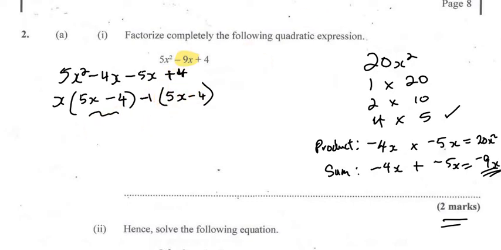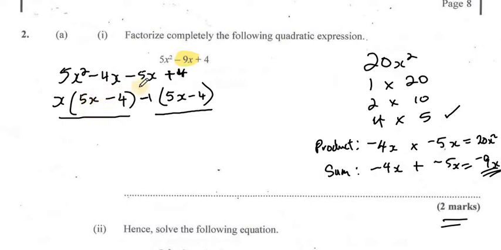Now what this does, it allows us to actually factorize further. What I mean by that is that we have two factors here, and we have two factors here. This is one group and this is another group. For both groups, what is the common factor in both groups?